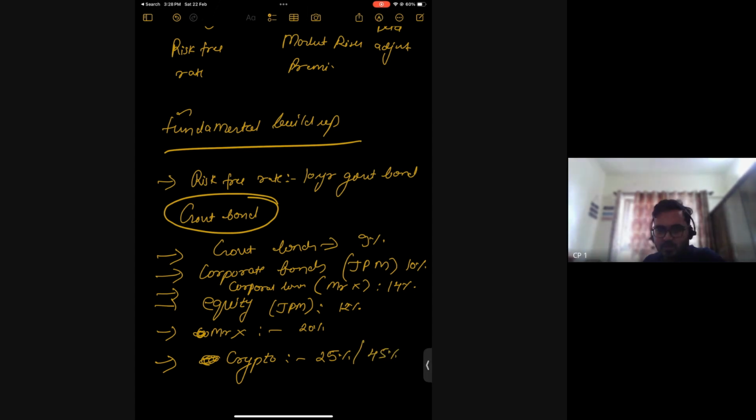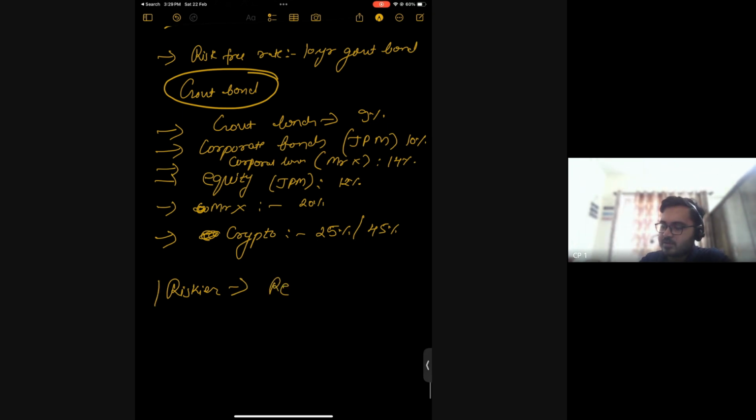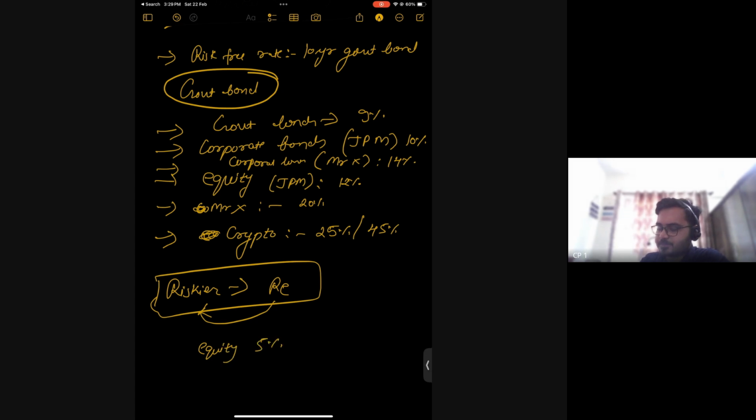The fact of the matter is, the riskier the assets get, the higher the required rate of return on that asset. Why is the required rate of return increasing? In order to offset that risk. Because if I say that equity gives 5% return and the US government bond is giving you 10% return, why at all would someone invest in equity?